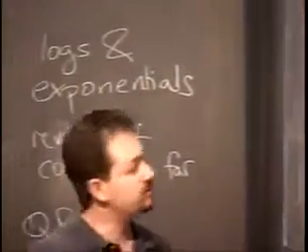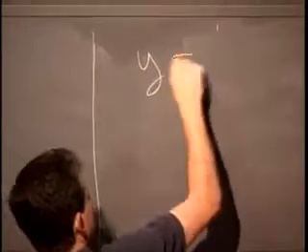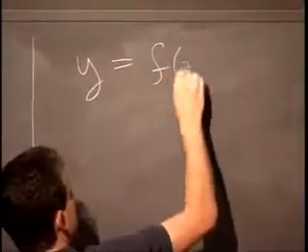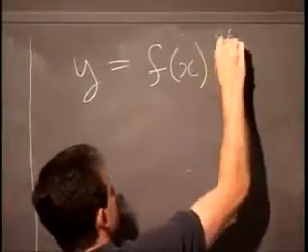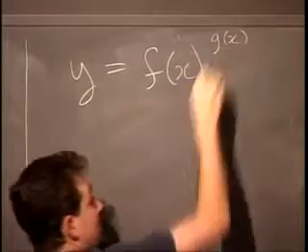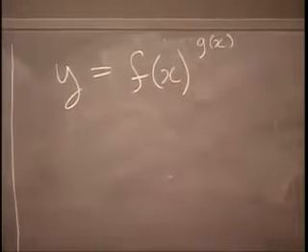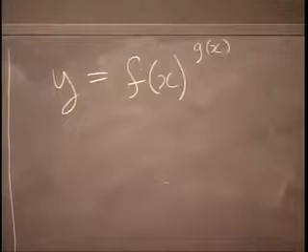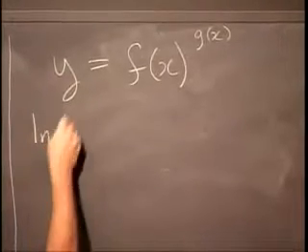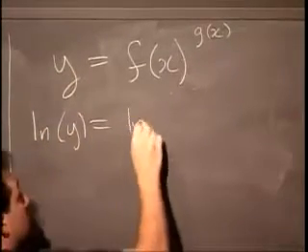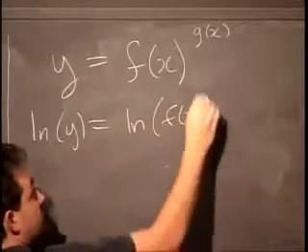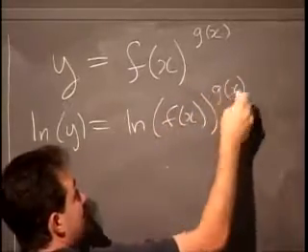Okay, so I want to review the steps that I did over here. And this is what's true in general. If y is f of x to the power g of x, where both the base and the exponent involve x, then the method is, step 1, take log of y, which has the benefit of dropping the g of x out the front.